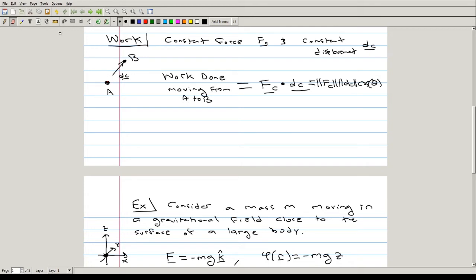So let's make this picture a little more general. Obviously the force may look like this, or it could be against or with the displacement, it doesn't really matter.